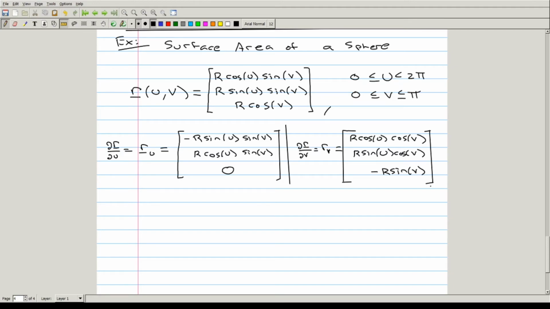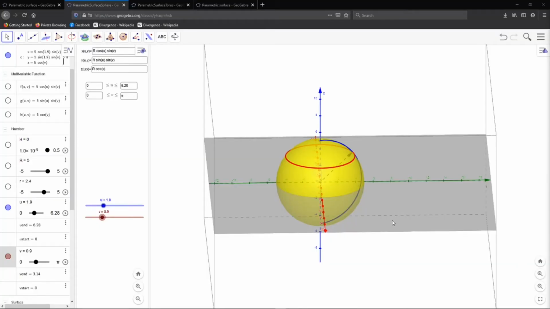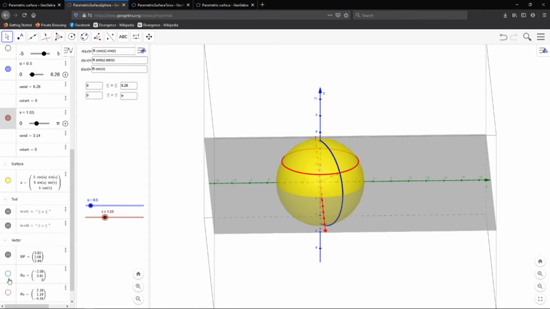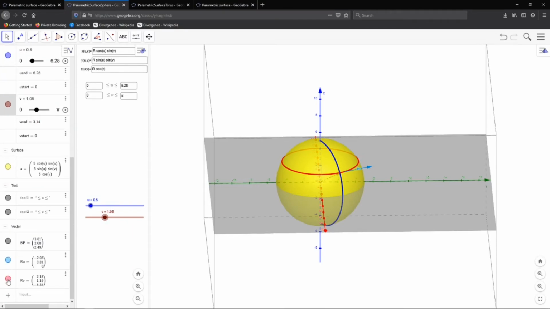And I mentioned before these are tangent vectors. I'll show that right now, just to give you some visual proof of what's going on here. It's always nice to see pictures illustrating exactly what you're doing for your mathematics. So in this case, this is our sphere with our coordinate curves for fixed values of our ordinates. And if we pop on these tangent vectors right here, we see exactly what we're talking about.